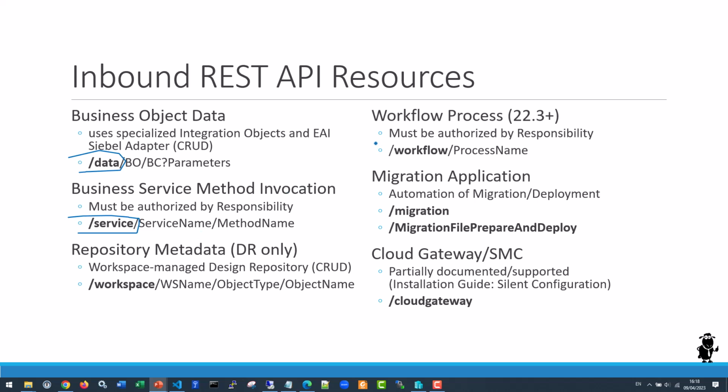There would be an option, of course, to wrap all this in a workflow and call that workflow. Why not? Workflow is just another way to carry out the business service, really. So these three options you really have when you want to do what we achieve here in the solution, get additional data from different business object, business component combinations, different queries you need to run at any given time.